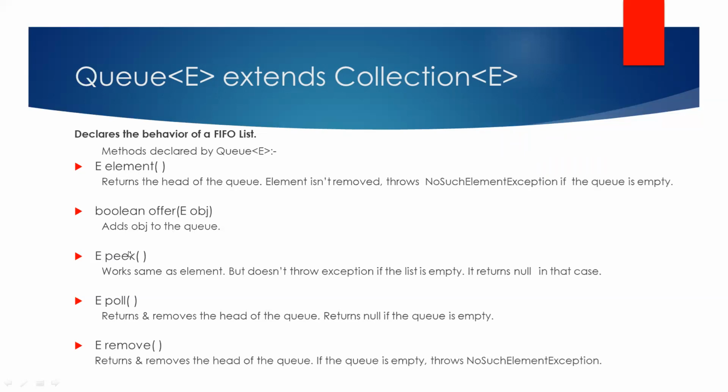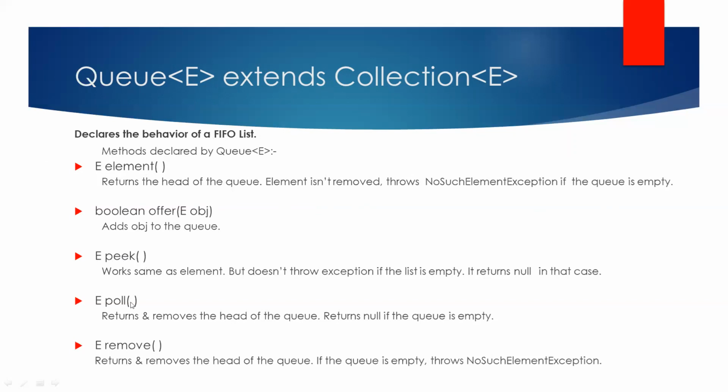But the difference between peek and element is that it doesn't throw any exception if the queue is empty. It returns null. So if you use element, it will throw the exception if the queue is empty. If you use the peek method, it will return null if your queue is empty.